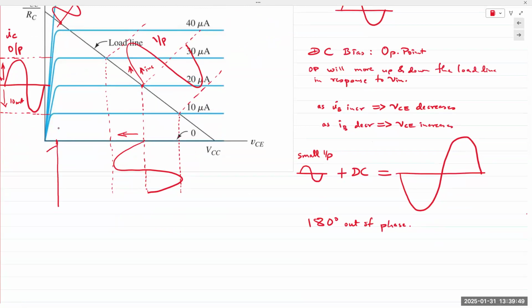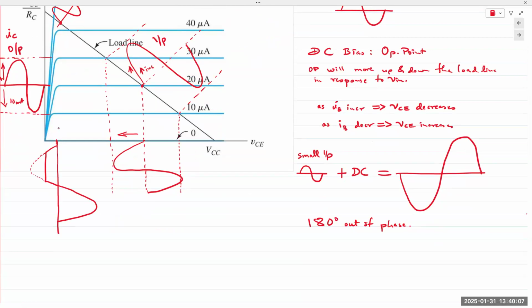So your output might go like this, but it hits saturation. And one end of your waveform is chopped off. So obviously there's nothing to the left of it.